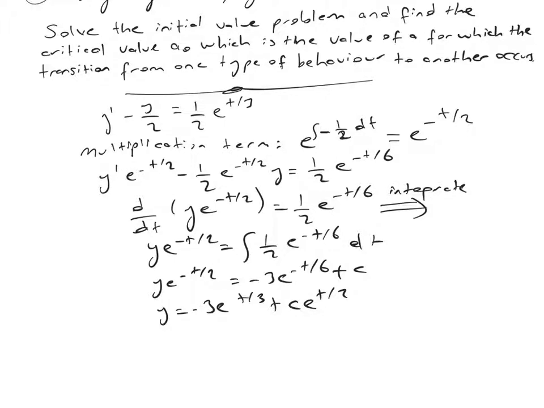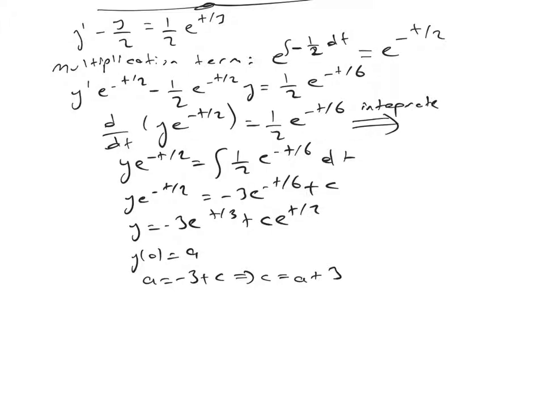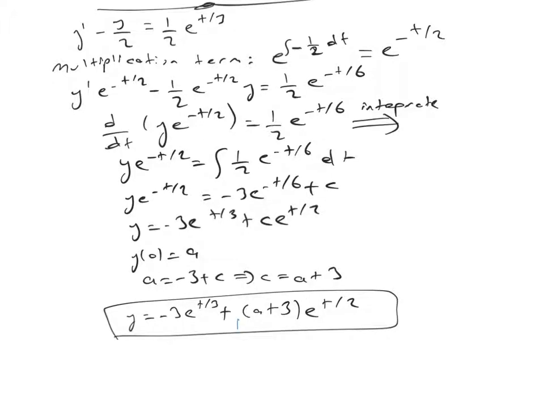and by using the given condition, which is y of 0 is equal to a0 is equal to minus 3 plus c, and from here c is equal to a0 plus 3. And from here our solution is, if this term is a positive term, then this term will be added as a plus term.